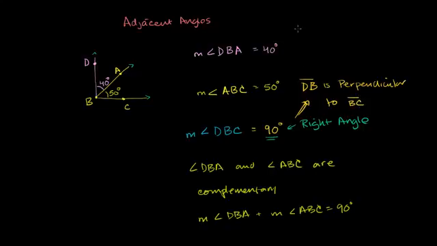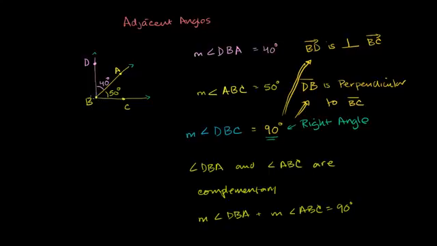Or we could even say ray BD is perpendicular to BC, and instead of using the word perpendicular, there's sometimes this symbol right here, which really just shows two perpendicular lines. BD is perpendicular to BC. So all of these are true statements here, and these come out of the fact that the angle formed between DB and BC is a 90-degree angle.